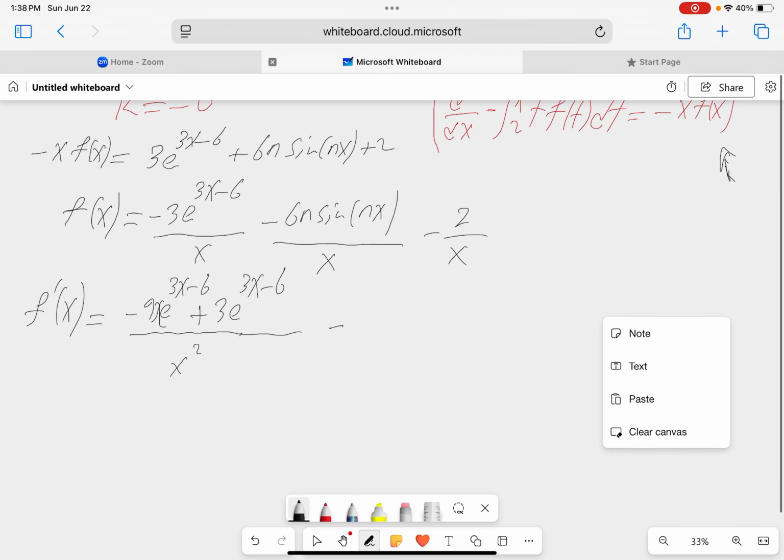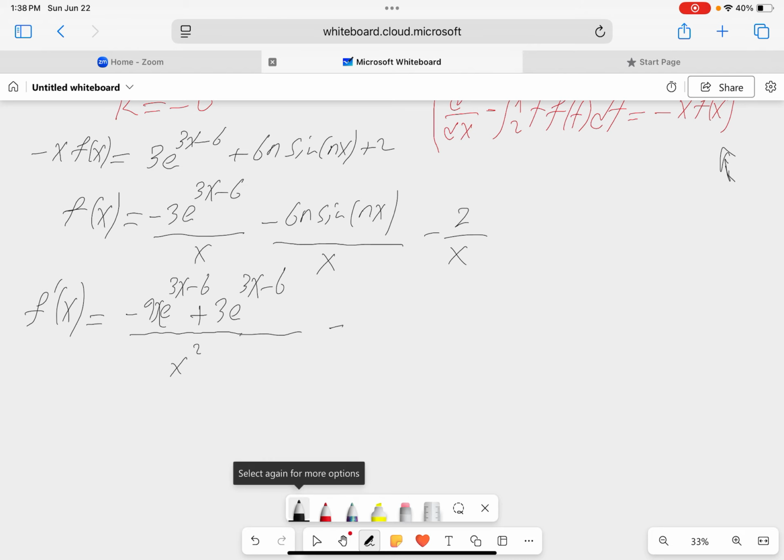The second one is going to be plus, with x squared in the denominator, negative 6 pi squared cosine of pi x times x, and then the derivative of the denominator, 1, multiplied by negative 6 pi sine of pi x.